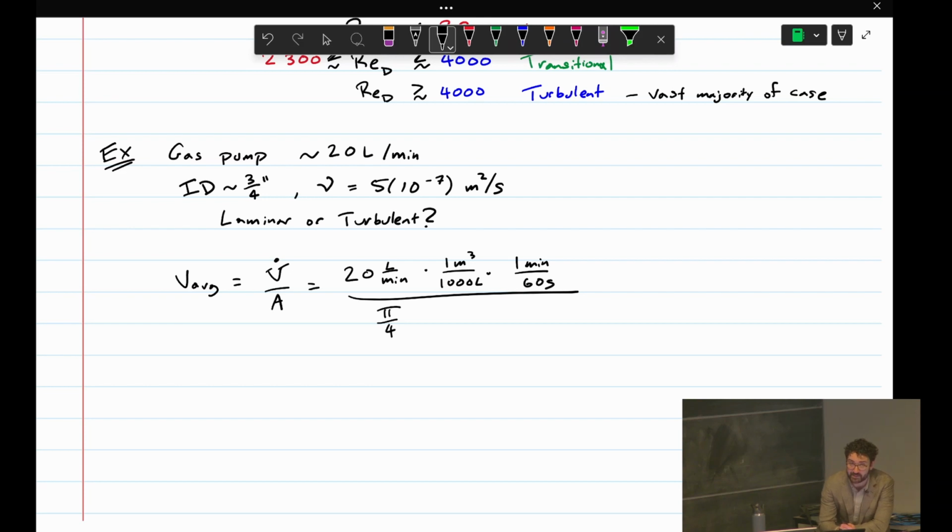For certain pipes, below a certain size, when they say it's like 3/4 inch tubing or 3/4 inch pipe, that is the internal diameter. But at certain sizes, it's not the internal diameter, which makes it confusing. 0.75 inches, and then we'll convert that to meters.